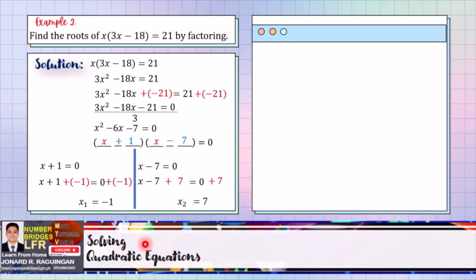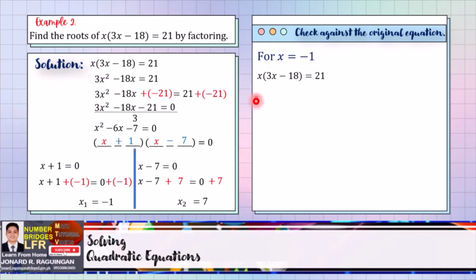Then to check whether negative 1 and 7 are the solutions of x times 3x minus 18 is equal to 21, let's substitute them into the original equation. For x is equal to negative 1, the original equation is x times 3x minus 18 is equal to 21.